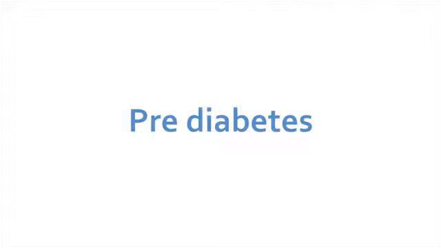If your values are above the normal limit, but not high enough to be diagnosed with diabetes, your doctor will then diagnose you with pre-diabetes. A diagnosis of diabetes or even pre-diabetes means that the insulin in your body is not functioning as well as it should.